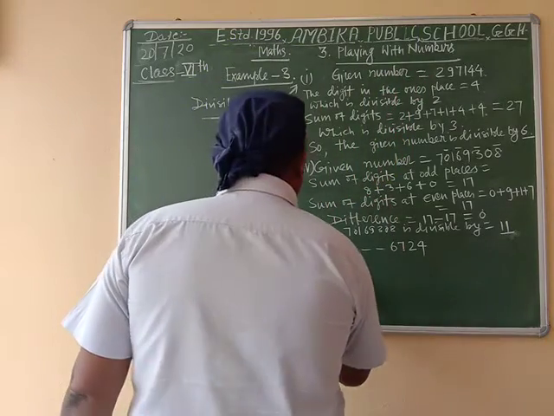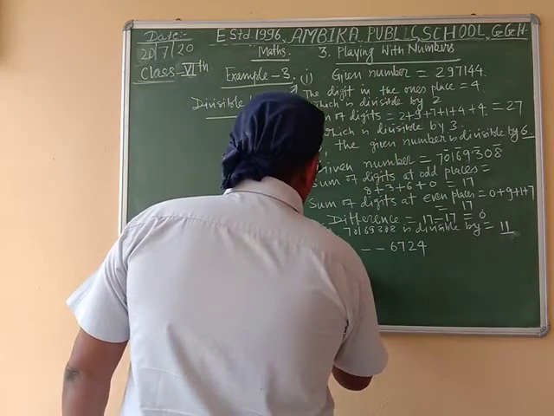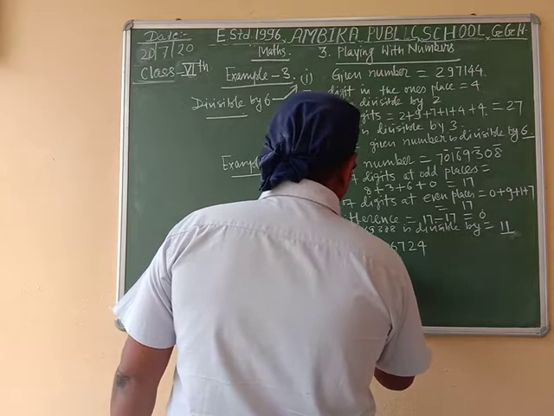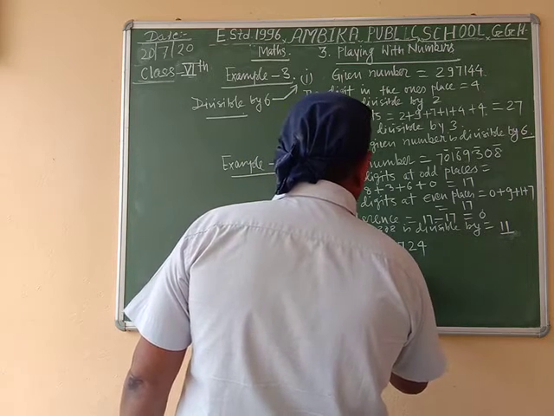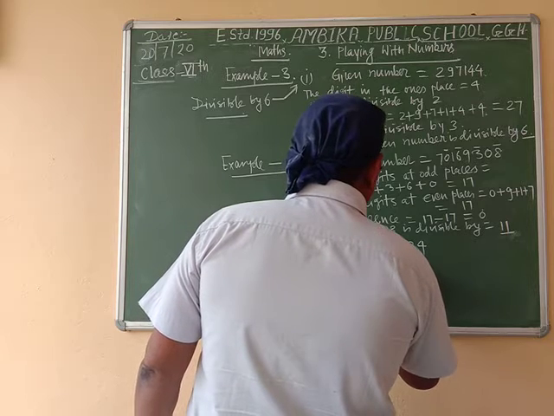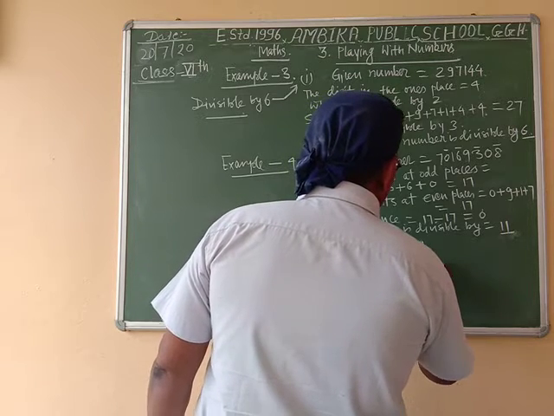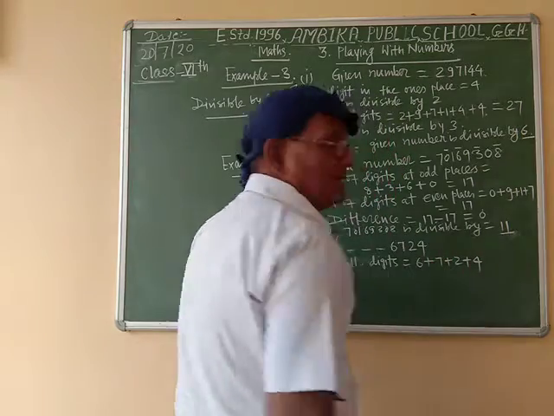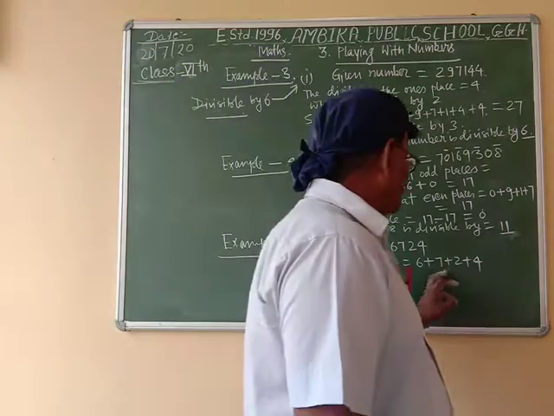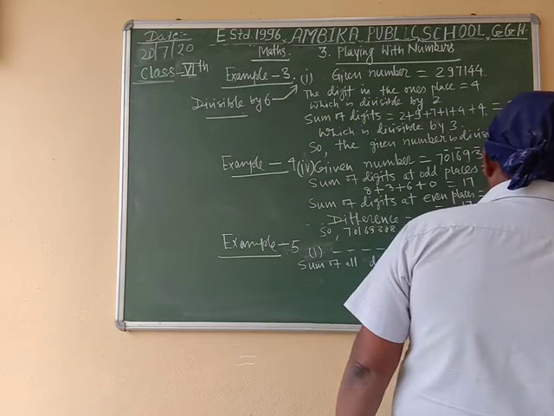Sum of all digits is equal to 6 plus 7 plus 2 plus 4, is equal to 6, 13, 15, 19.